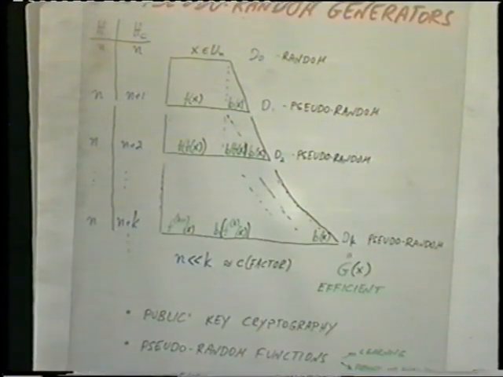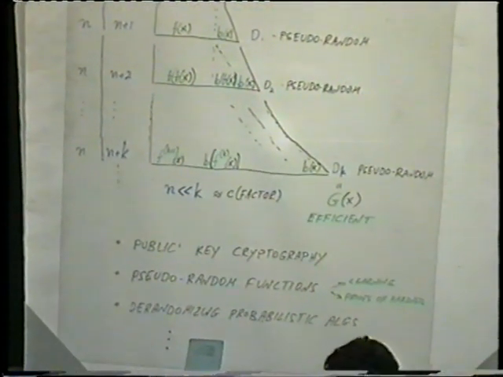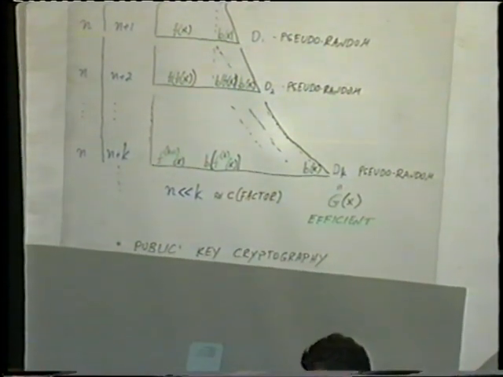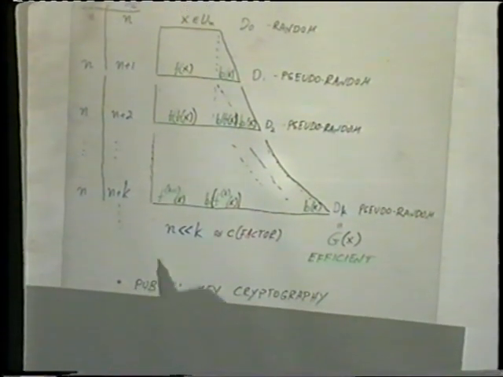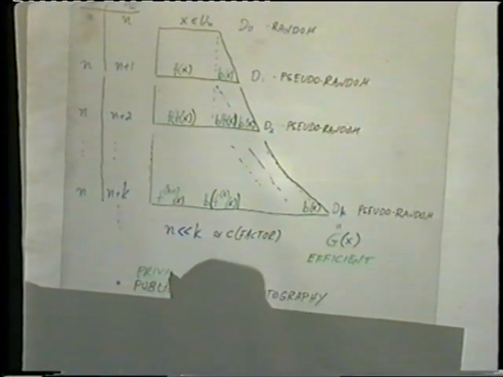So this leads to really amazing consequences, and I can only touch on them. Here's one. Michael Rabin will talk about public key cryptography, but here is private key, the old-fashioned way.